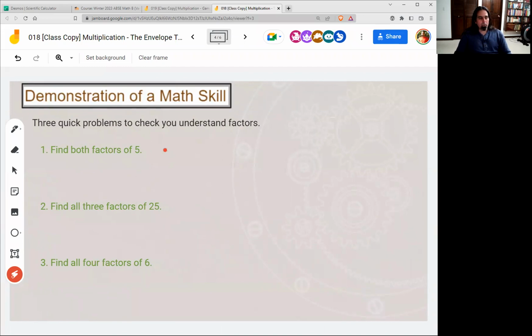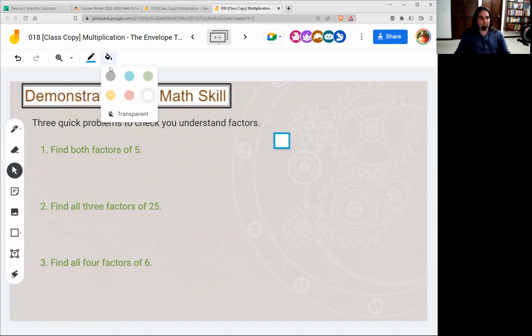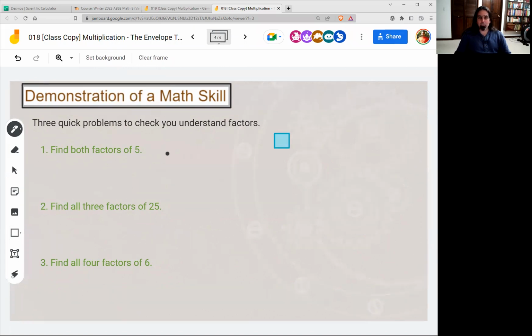So find both factors of 5. Let's see if you understand. What are 2 numbers that multiply to get 5?